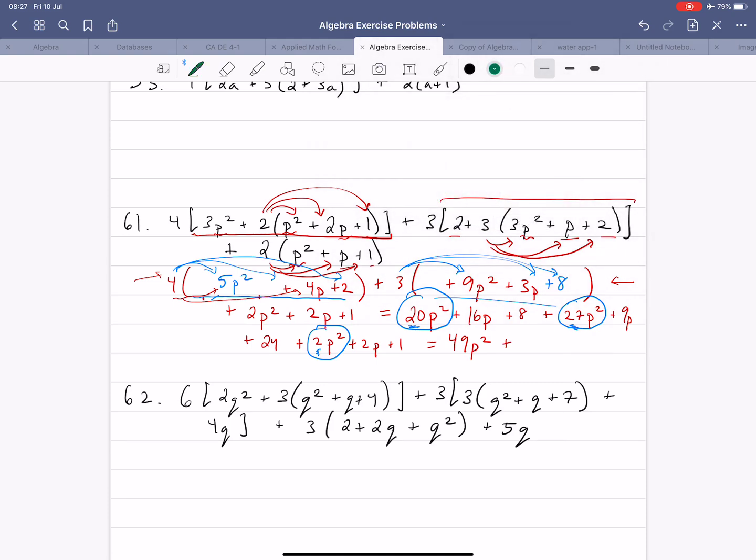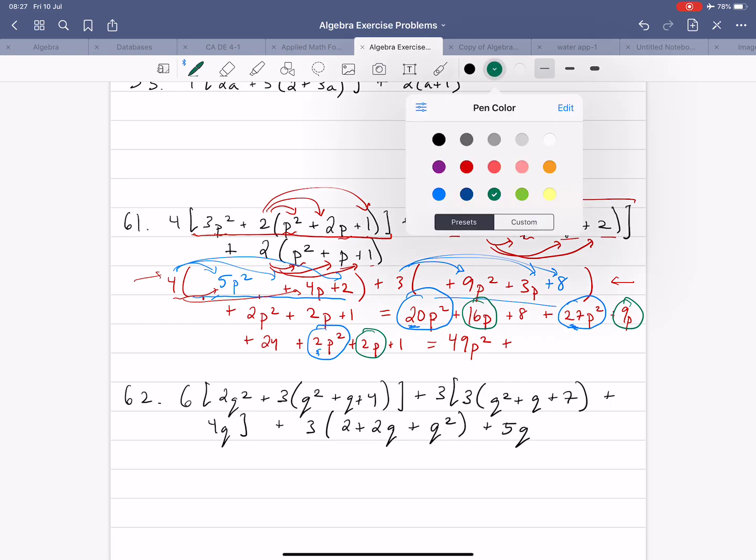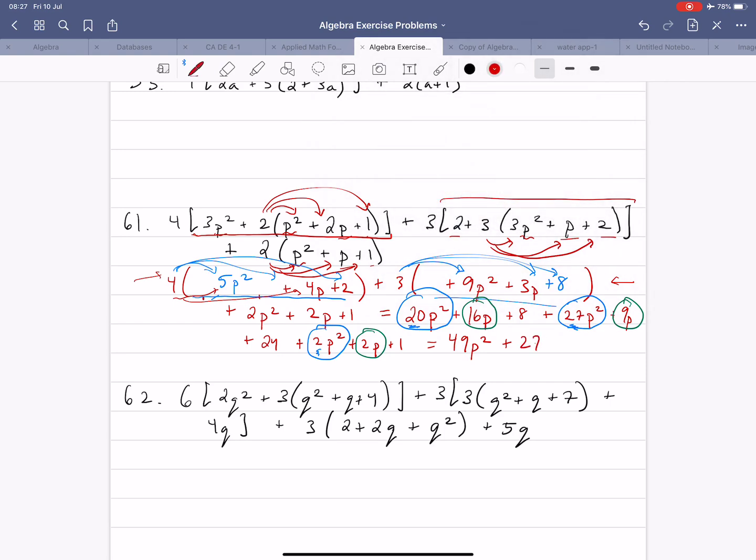Now I'm going to do the same thing for my p terms. I've got 16p, 9p, 2p. So 16 plus 9 plus 2 is going to be 27, right? 16 and 9 give me 25, plus another 2 gives me 27, 27p.